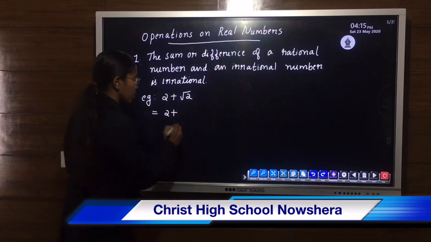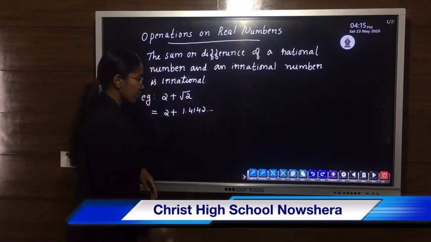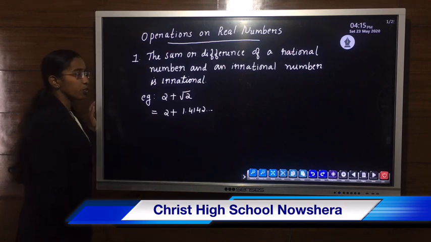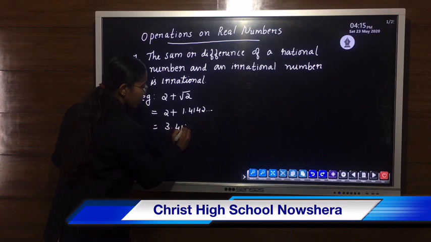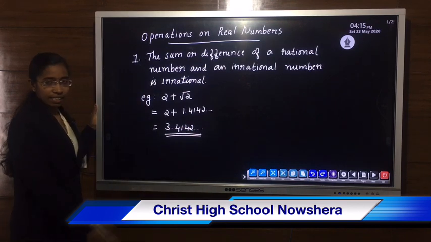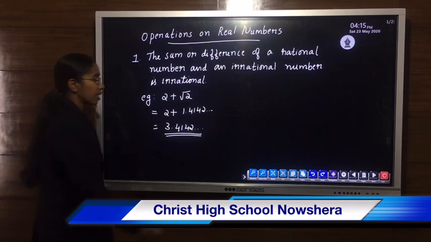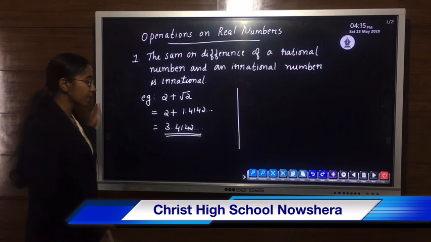1.4142 etc. like that. So we can take only this much decimal expansion. 2 plus 1.4142 etc. What is the value? That is 3.4142 etc. So this is an irrational number. In the same way, in the case of subtraction also, our answer is always irrational.